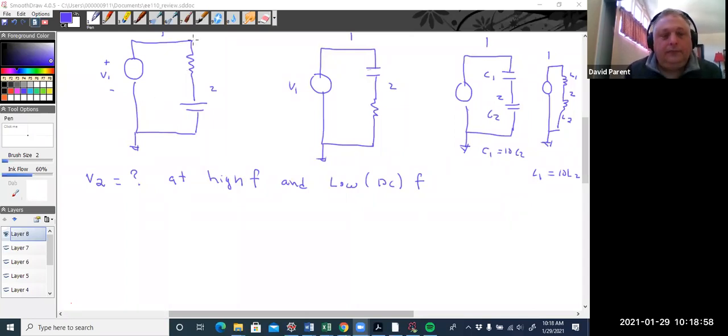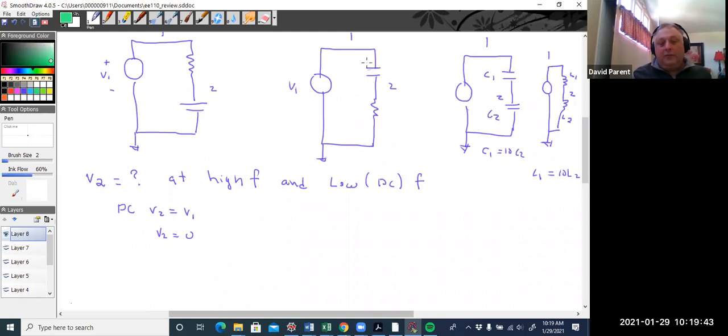So, based on our previous conversation, we'll just do this intuitively. All right. At low frequencies, this capacitor will be an open circuit and no current will flow. So V2 will equal V1. And at high frequencies, the capacitor shorts, and so V2 equals 0.